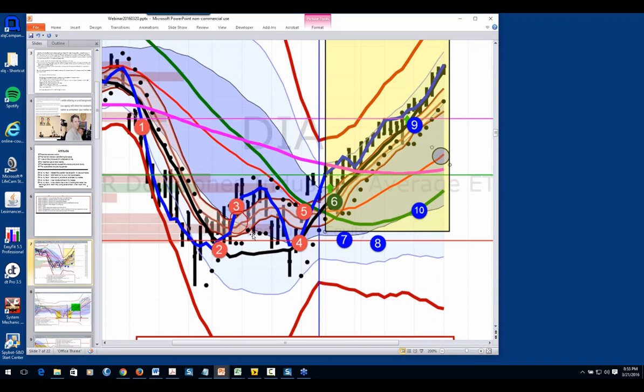All right, so number 2, you can see the RLCO has happened outside the river.